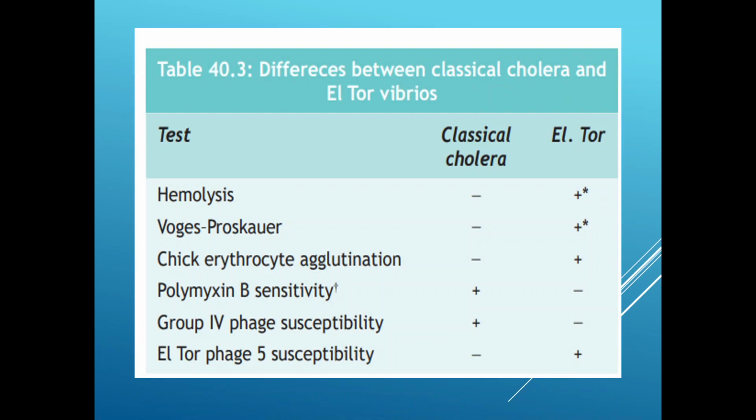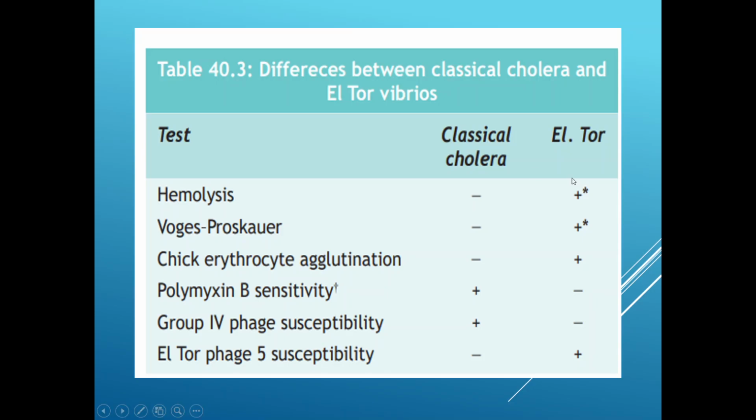Difference between classical cholera and El Tor Vibrio. Tests that help you understand which biotype of cholera causes the infectious disease include hemolysis, Voges-Proskauer reaction, chicken erythrocyte agglutination, polymyxin B sensitivity, group 4 phage susceptibility, and El Tor phage 5 susceptibility.